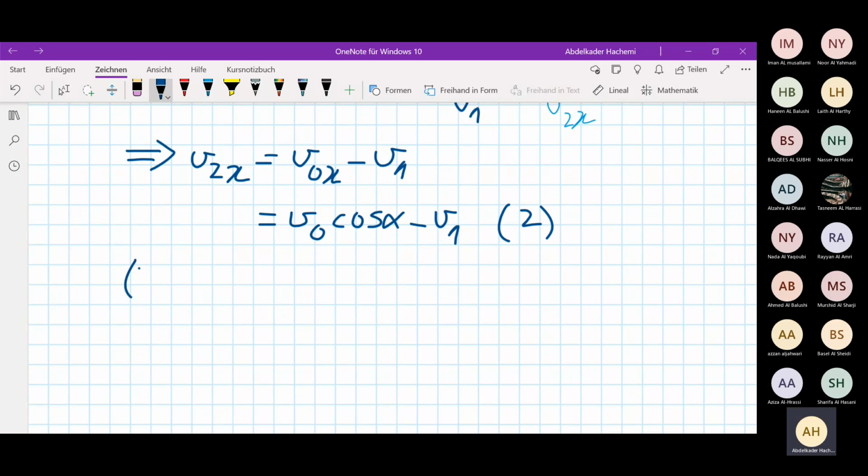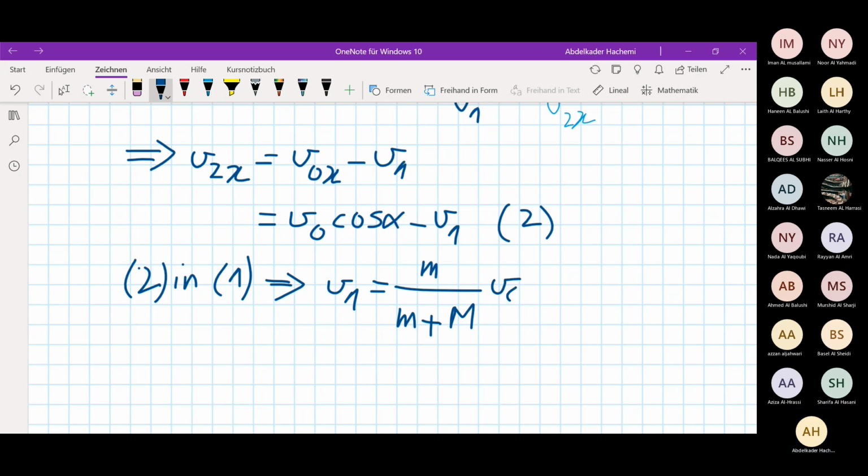Then 2 in 1, I get V1 equals m divided by m plus capital M, times V0 cosine alpha.